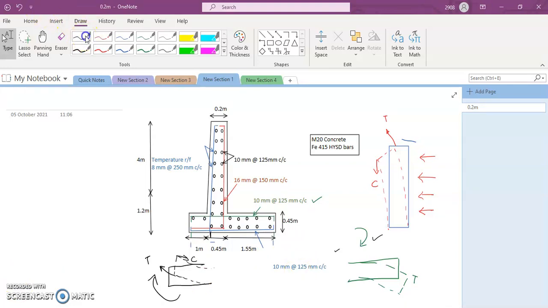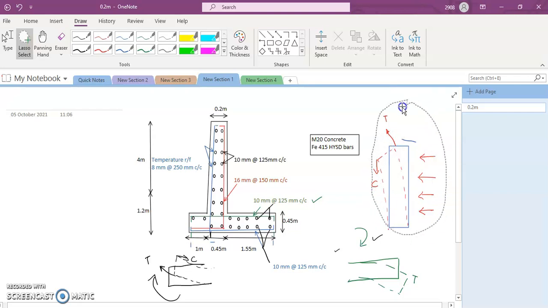Now the only detail that is remaining here are these dotted bars, that is the distribution bars, and that also we will provide at 10 mm at 125 mm center to center. Same for these dotted bars here. Okay, so all these are 10 mm at 125 mm center to center.